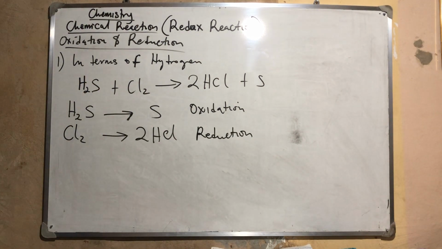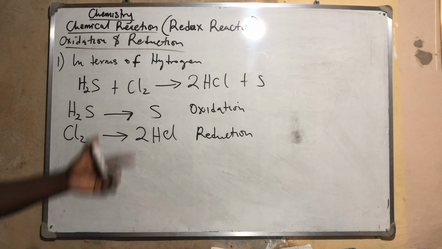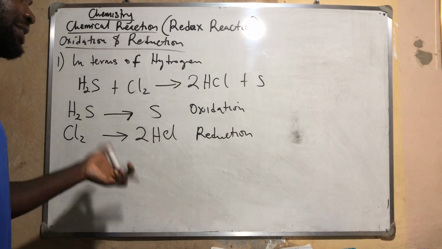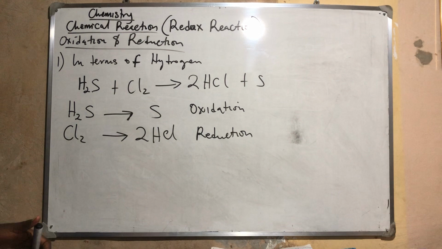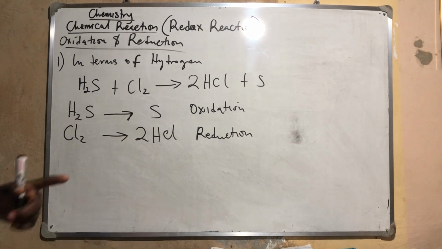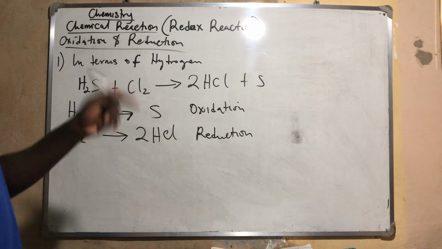Very simple. Now, don't forget that if they ask you agent, we don't need anything agent. If they ask me oxidizing agent, I will just know that oxidizing agent is the same as reduced species. Are you getting it now? If they're asking me reducing agent, we know that reducing agent is the same as oxidized species.